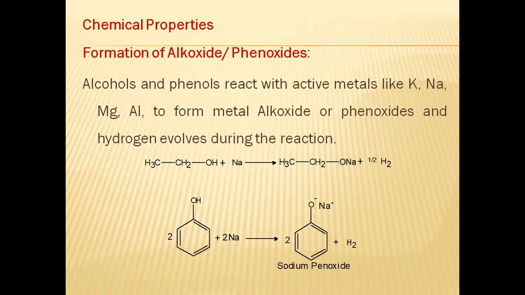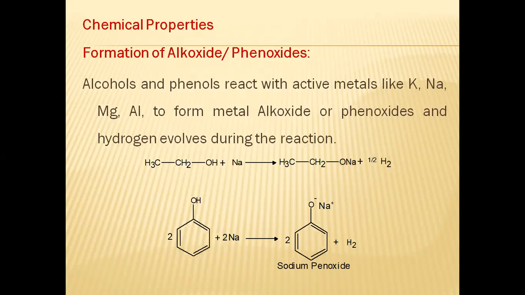When you come to the chemical properties, the first is formation of alkoxide or phenoxide ion. Alcohols or phenols react with active metals like sodium, potassium, magnesium, aluminum to form a metal alkoxide or metal phenoxide, and hydrogen gas is evolved.